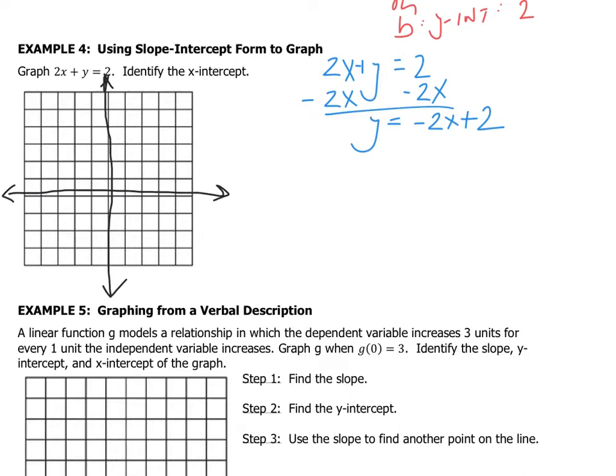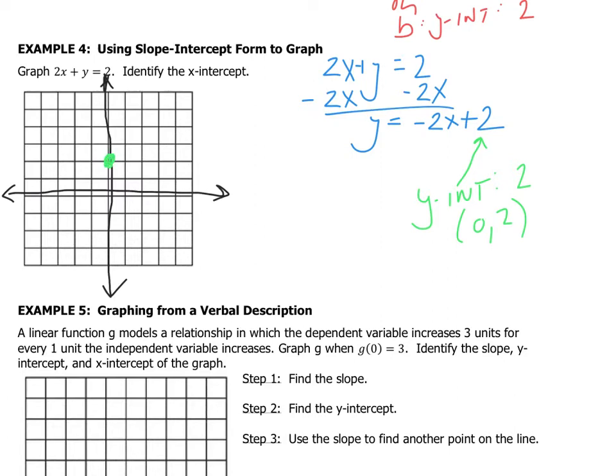So when I see negative 2x plus 2, my initial point that I'm going to plot is right here, my y-intercept. So remember, the y-intercept is not just the number 2, it's really an ordered pair, 0, 2. So my step 1 is to plot 0, 2 on the graph.